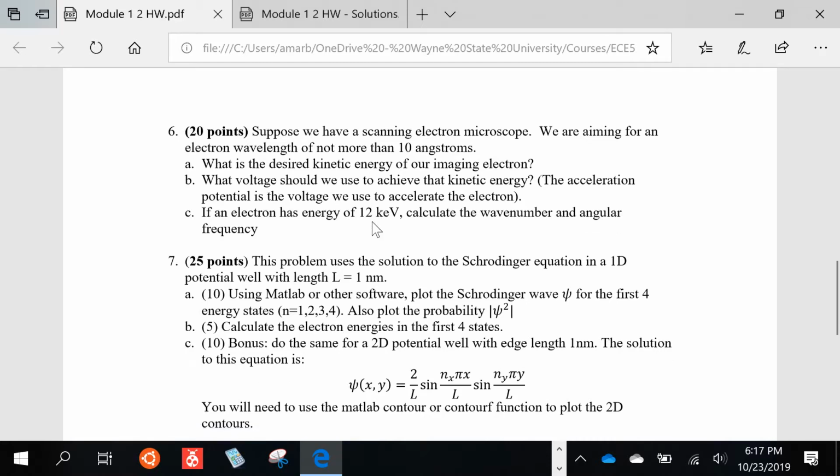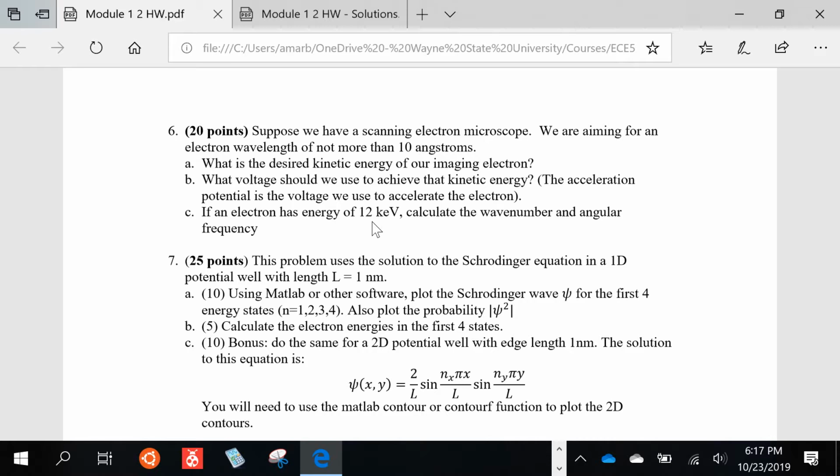So problem 6, the key concept there was that you're trying to get the electron to have a certain de Broglie wavelength. So we can control the wavelength by having it at a certain kinetic energy. We have our voltage generator, which is going to cause the electrons to accelerate to a specific kinetic energy.